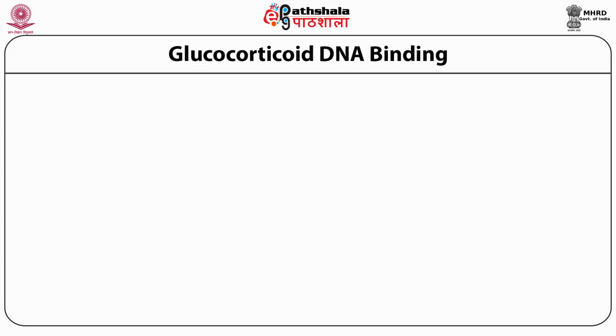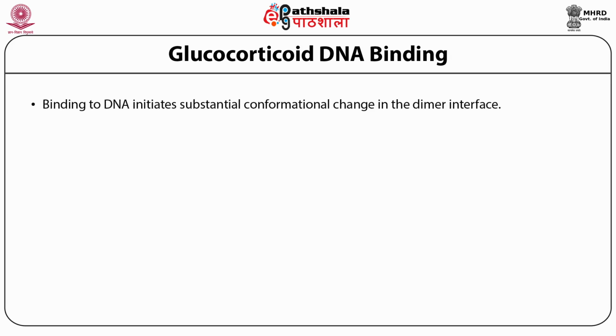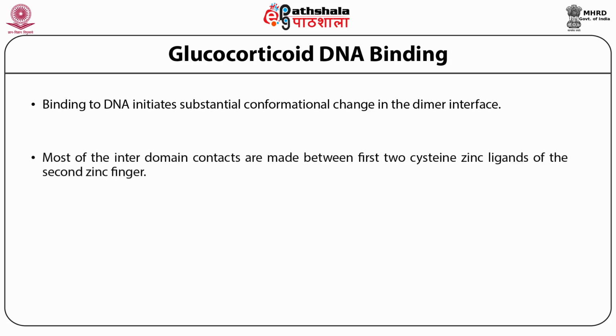Glucocorticoid receptor DNA binding. It is seen that binding to DNA initiates substantial conformational changes in the dimer interface. Most of the interdomain contacts are made between the first 2 cysteine ligands of the second zinc finger.